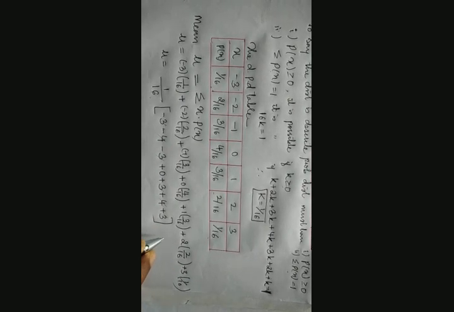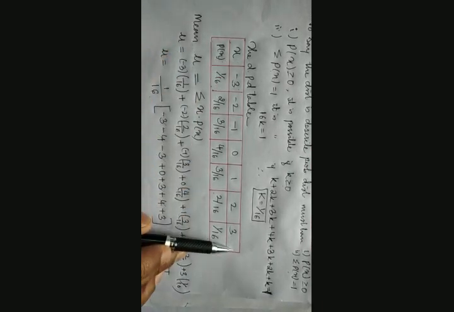Then you can see minus 3 plus 3, minus 3 plus 3, plus 4 minus 4 get cancelled. Then we get its answer as 0. Therefore, the mean is 0. Then we go for variance.